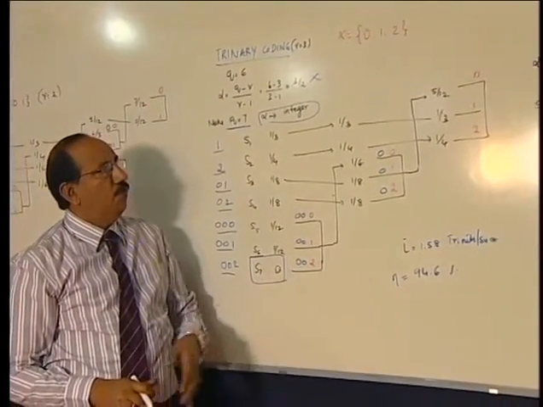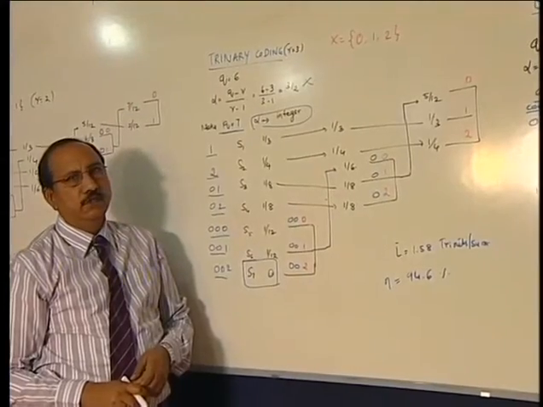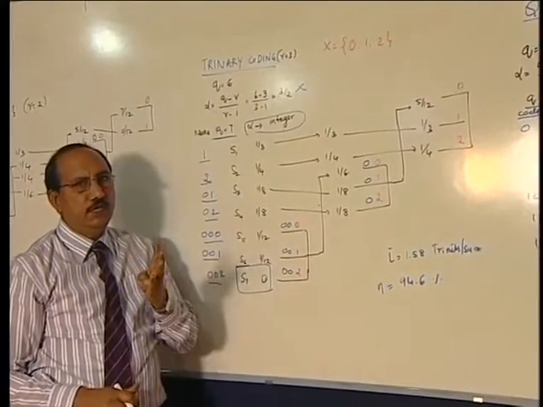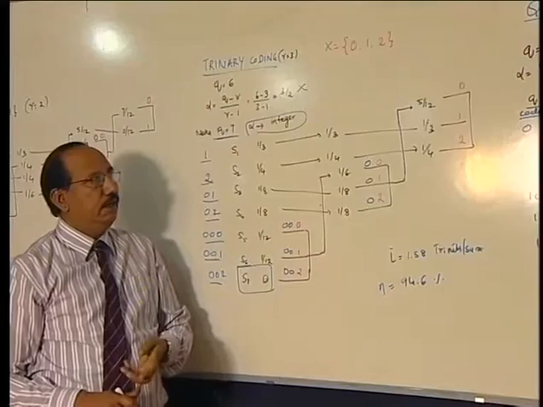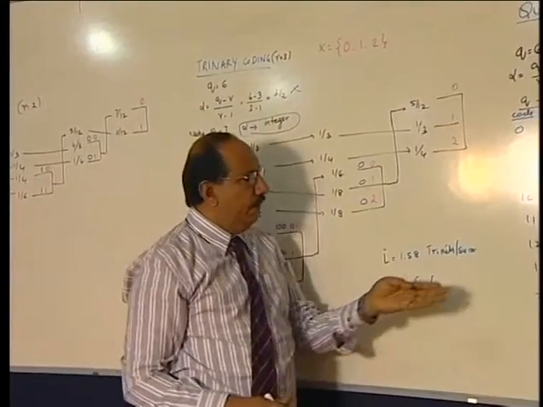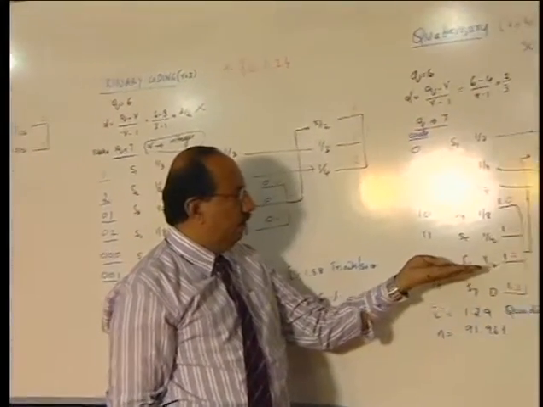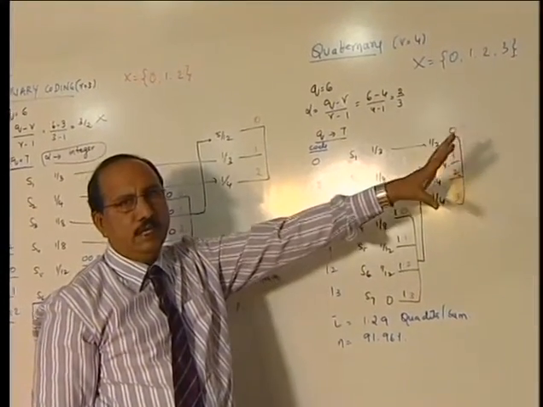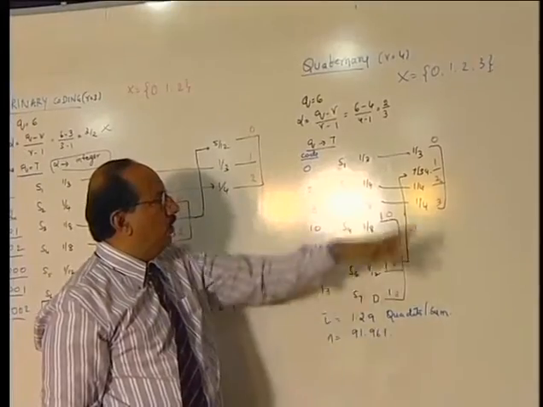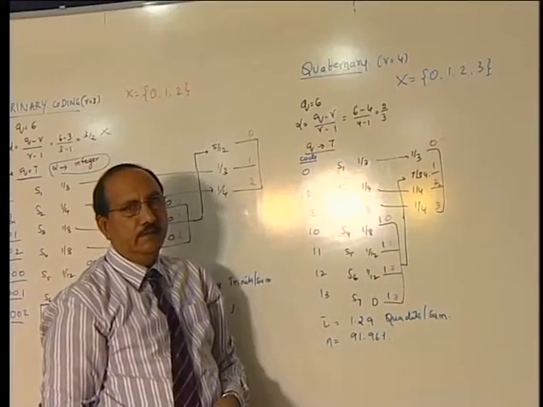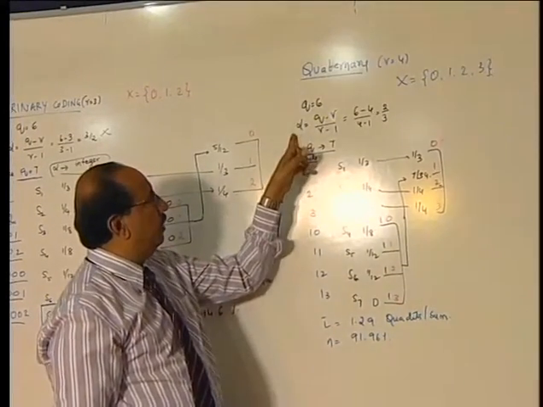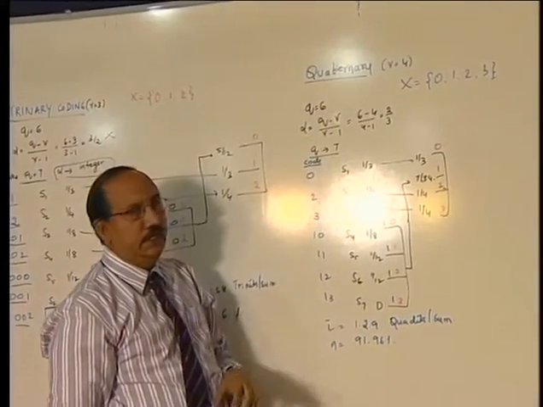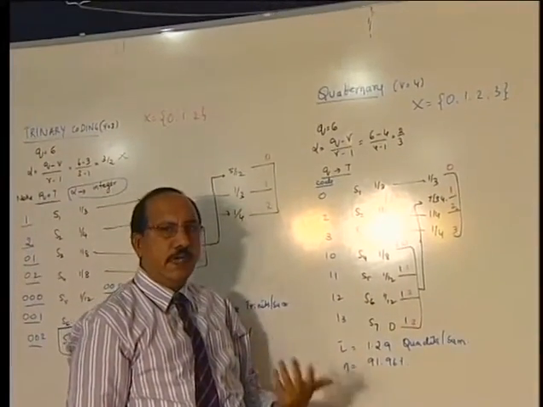Same thing when I go for a quaternary: my source alphabet will be 0, 1, 2 as well as 3. Here also, if I do not have sufficient symbols whenever I am making a group, I may fail at the last step, and I may not get totally 4 groups at the end. The same formula we can apply here also: alpha should become an integer, so that many symbols I have to add.